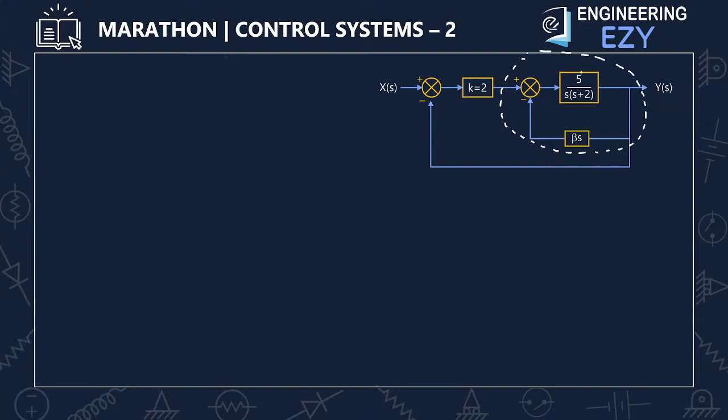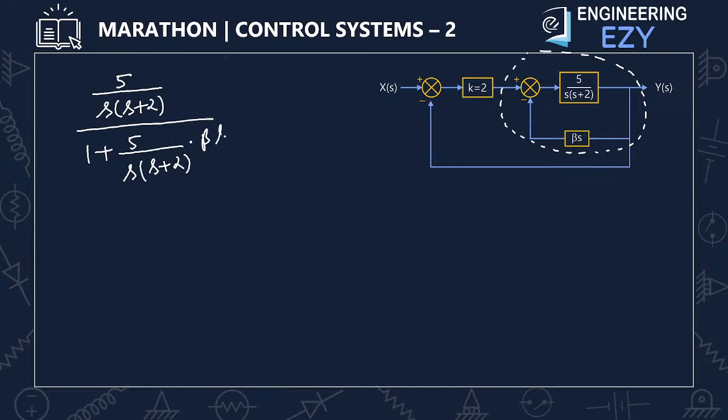If you solve G(s) upon 1 plus G(s)H(s), the transfer function is 5 upon s(s plus 2) divided by 1 plus 5 upon s(s plus 2) multiplied by beta s, because H(s) is beta s.